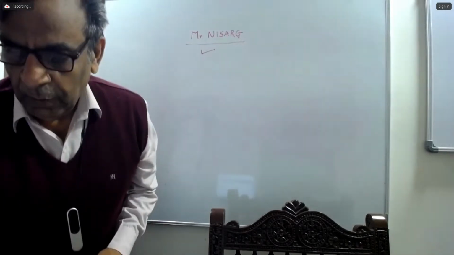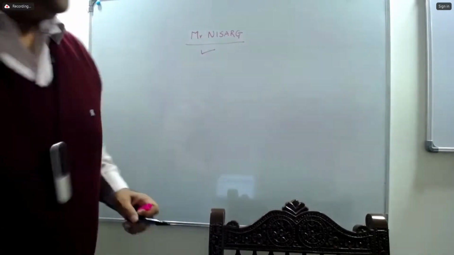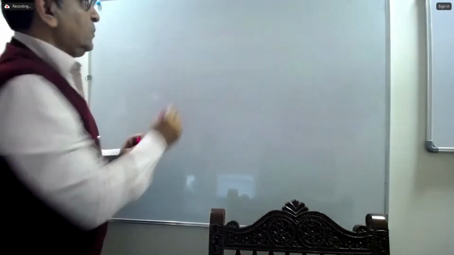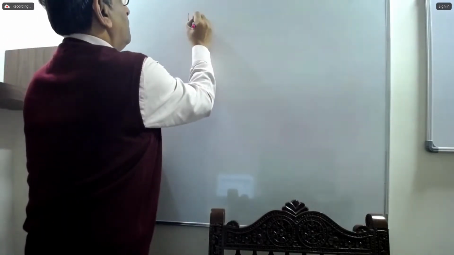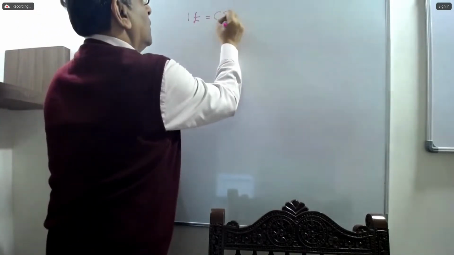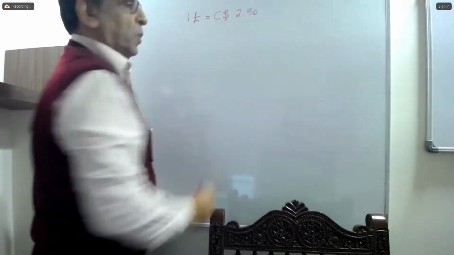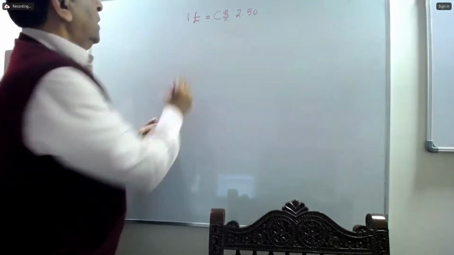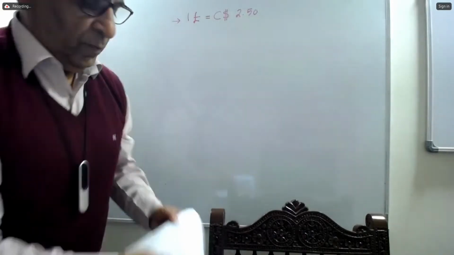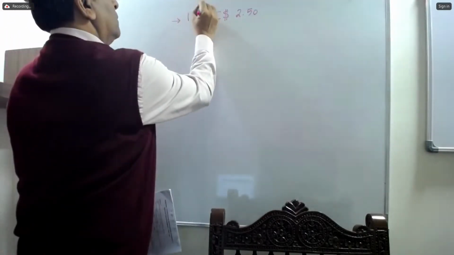So here, what was written was that the rate of 1 pound was given as 2.50. Okay, fine. So this was given in the question. If you can see the question, this is the spot rate.